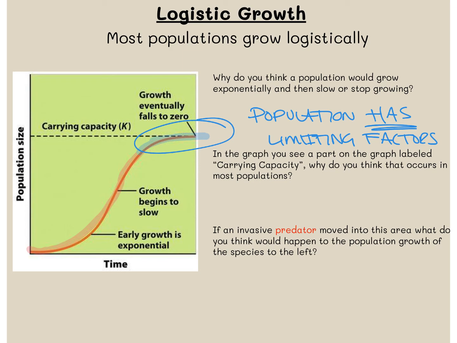All right, in the graph right here, you see the words carrying capacity. That is the point where this population levels off and reaches its maximum size. And why do we think that occurs in most populations? Because there is a natural population size for each ecosystem.